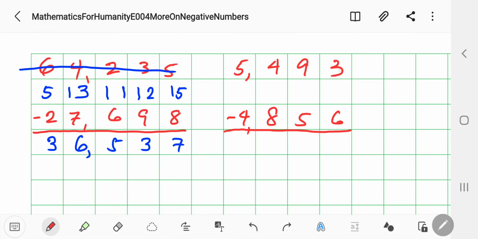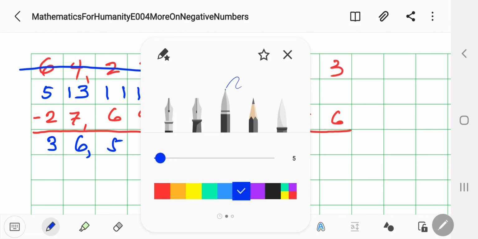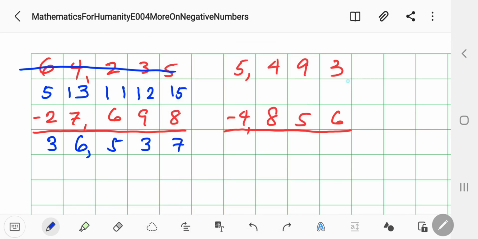So let's check. 3 is less than 6, so you can write down 3 here, but you have to borrow 10. That makes it 13, and then the 9 here becomes 8.